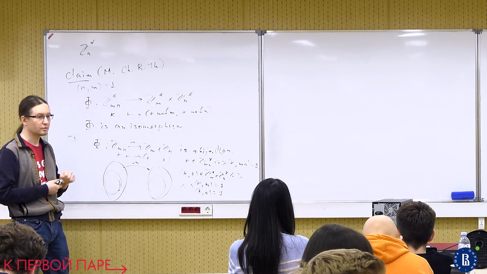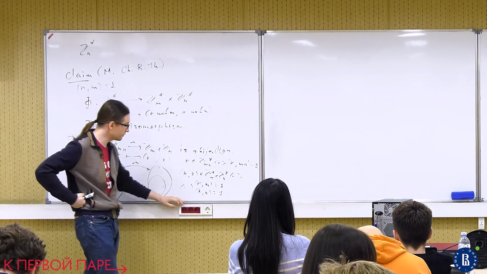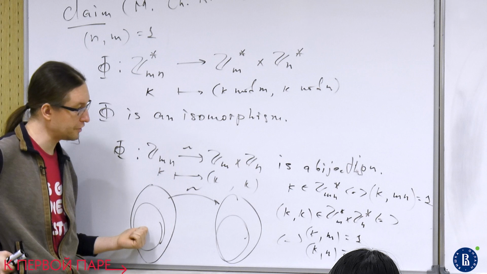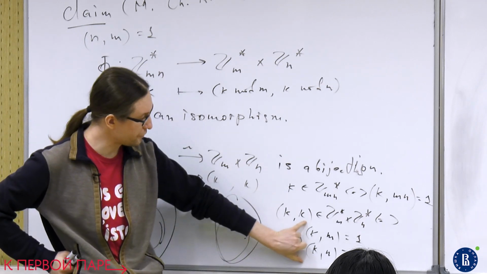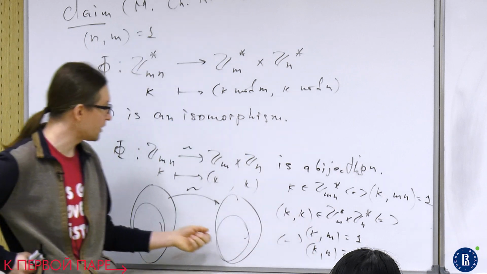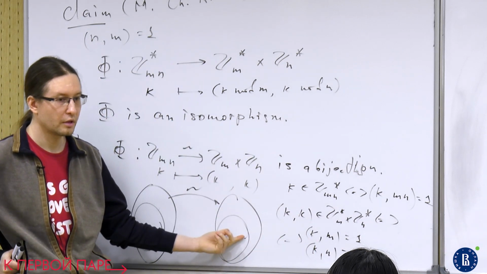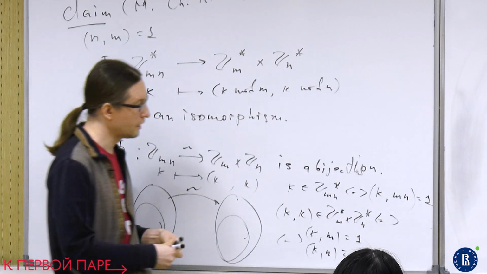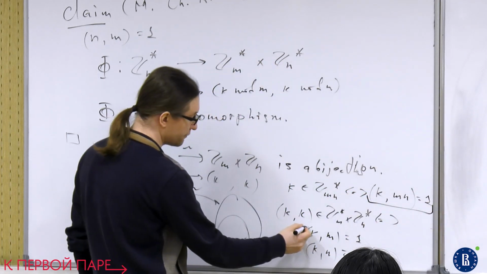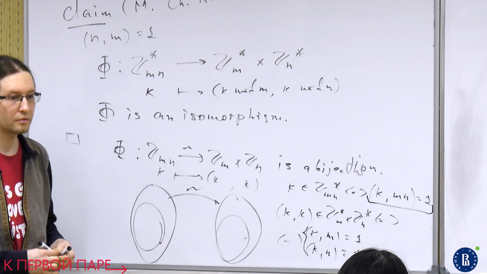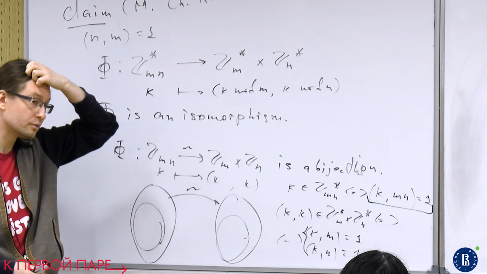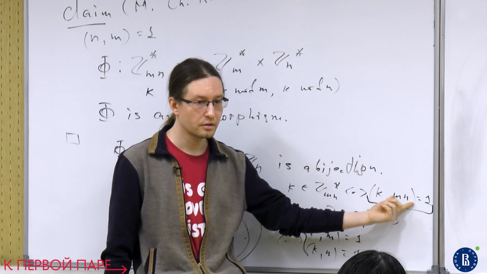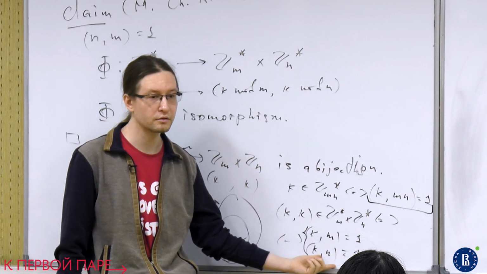But now, you see we have two conditions. The condition number one says that the element k is here. The condition number two consists of two conditions, and they describe a pair that belongs here. So if we want to have a bijection between this subset and this subset, we want to prove that this condition holds if and only if these two conditions hold. But this should be clear by the definition, because if there is no common factor between k and the product, there is no common factor between k and each factor, and vice versa.